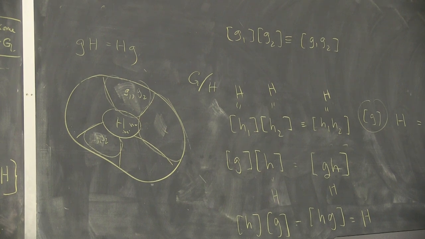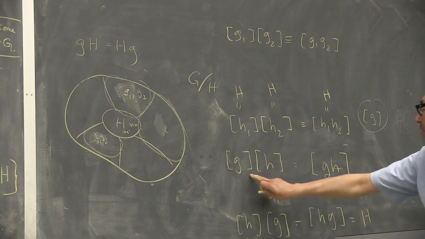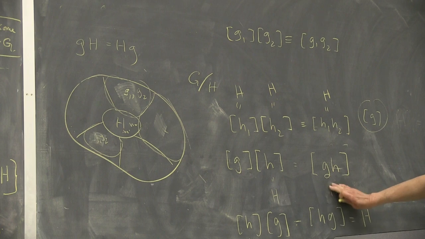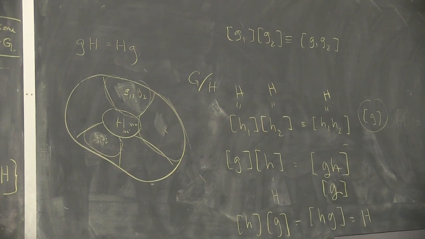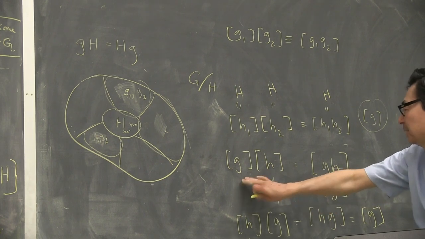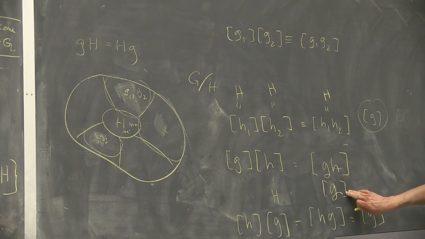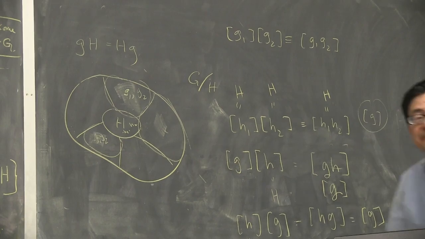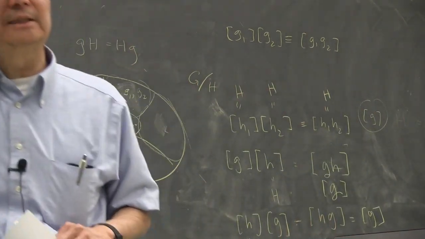No. This just says that H is the identity in here. Because g multiplied by the identity, oops. No, sorry, I made a mistake. This is the same as little g. Okay, sorry about that. This one is g also. So big H is the identity because it multiplied by anything else gives that same anything else, either on the right or on the left. So that makes big H the identity, okay?